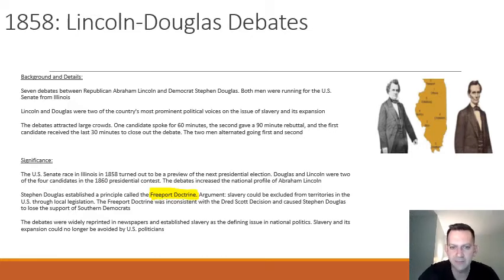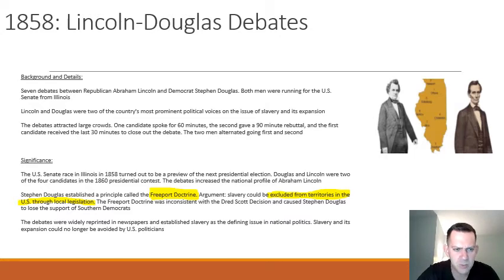He said that basically if a local area didn't want slavery, like a town or something, they didn't have to have it. And this really made the South very angry. So when Stephen Douglas ends up running for president a few years later, the South remembers what he says here, and this causes Douglas to lose major support in the South, right?